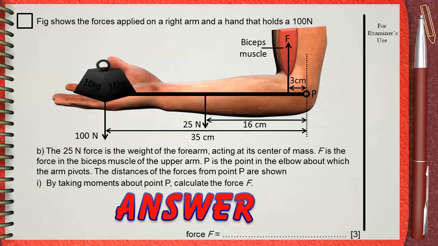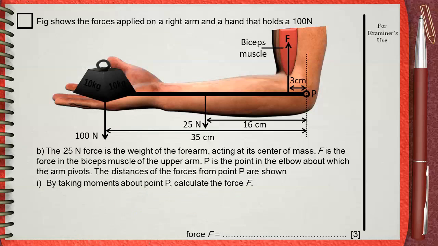The force F is calculated using the second condition of equilibrium. The total anti-clockwise moment equals the total clockwise moment about our pivot, which is P. In this question, two forces will cause an anti-clockwise moment, the 100 newtons and the 25 newtons.